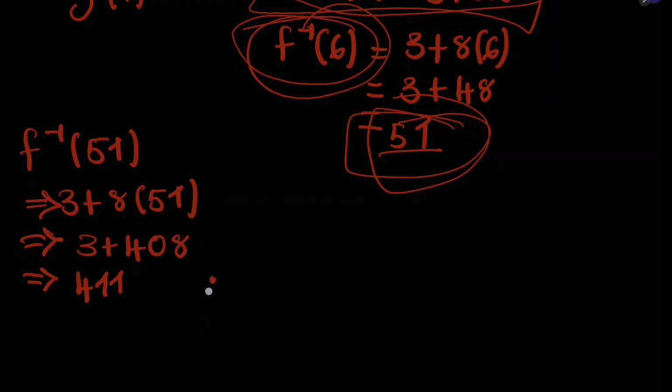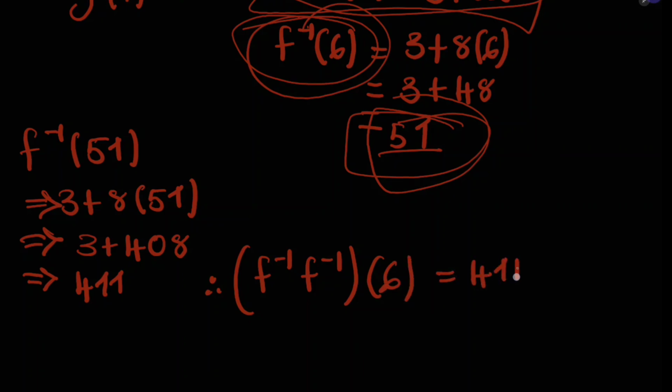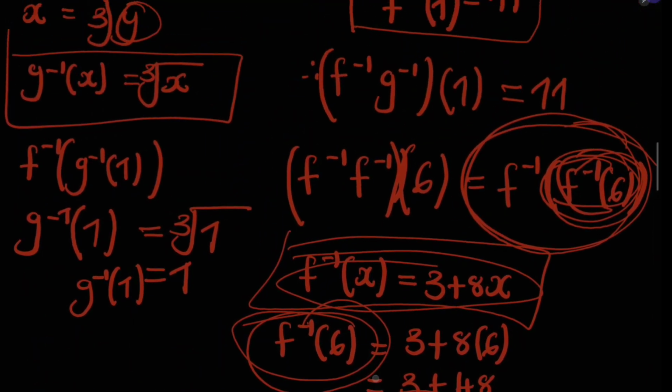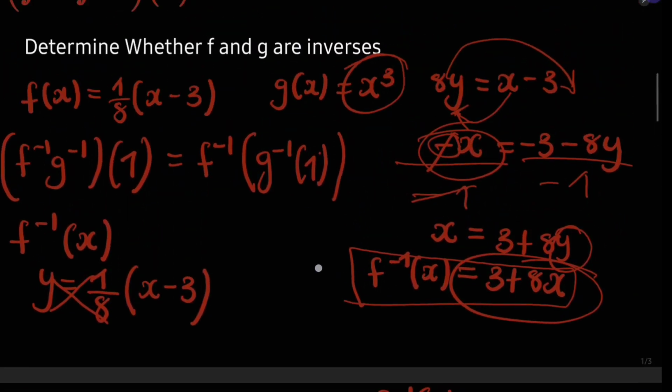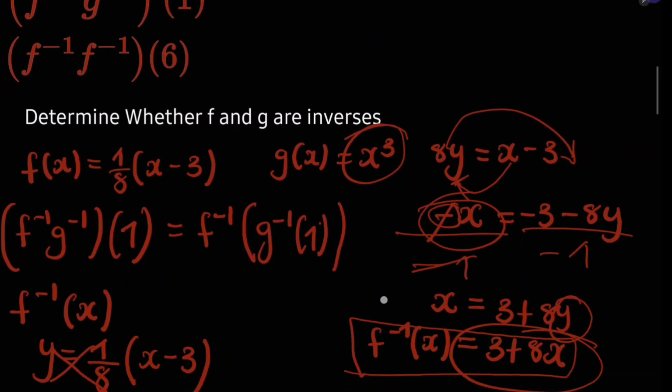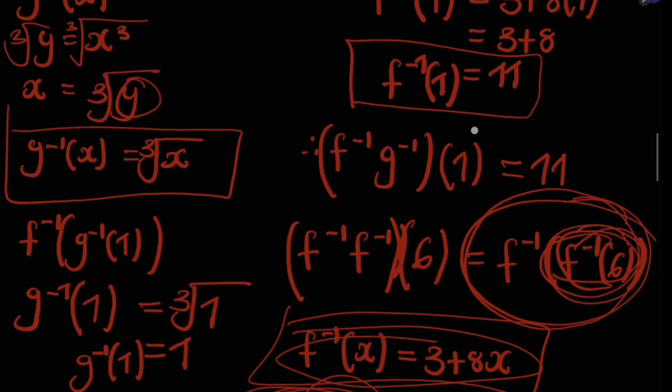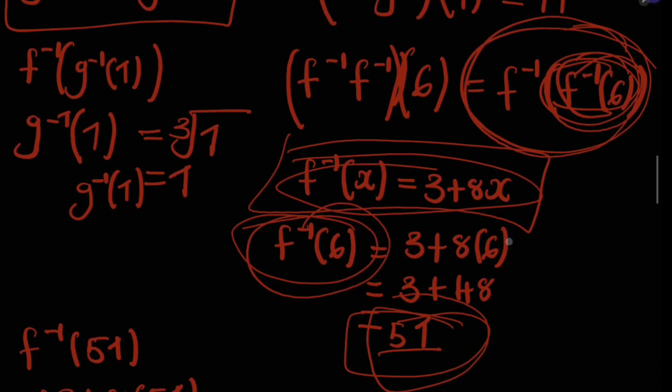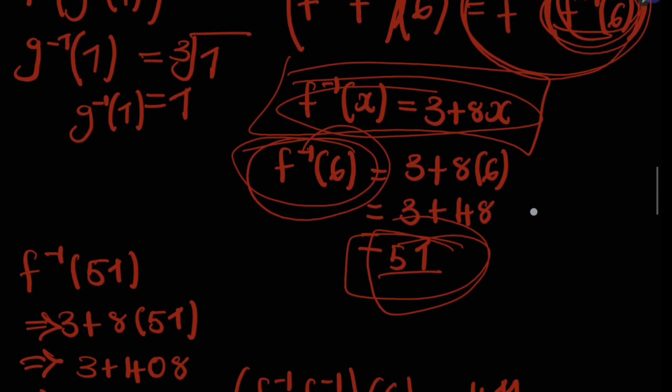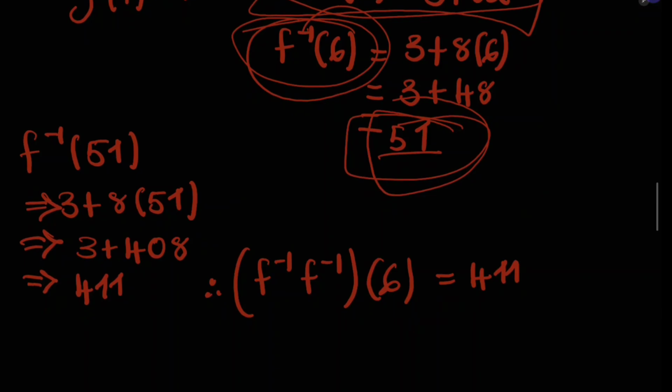So now we can conclude that our f inverse of f inverse of 6 is equal to 411. So that is it. We were just breaking them down into parts to solve it, and now we have our final answer.